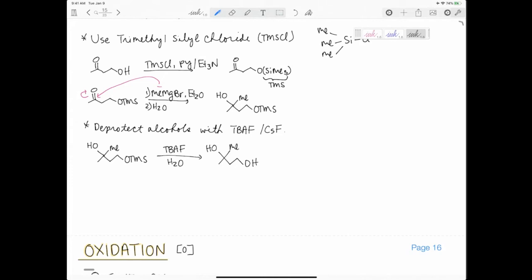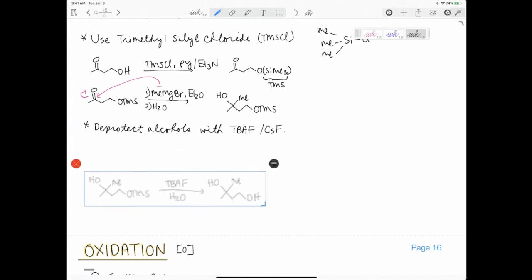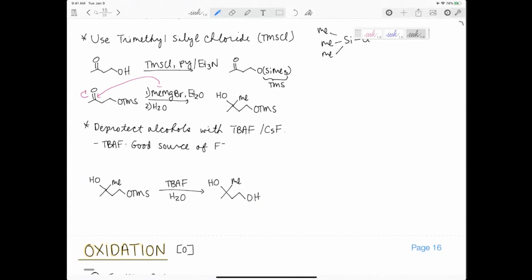Okay, what is TBAF? TBAF is basically a good source of fluoride ions via this reagent here.